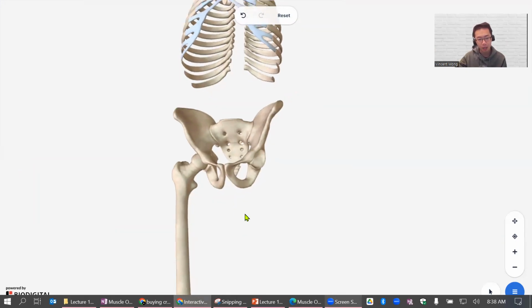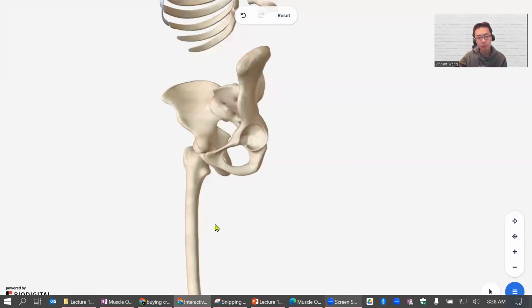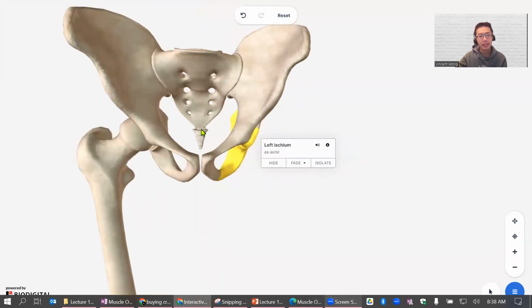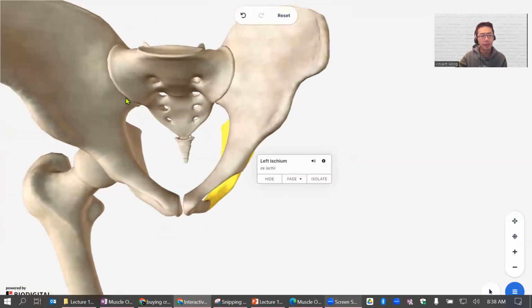And that foramen, the obturator foramen, is made up of two bones: the pubis at the front and the ischium at the back. Now, there is a big hole here.